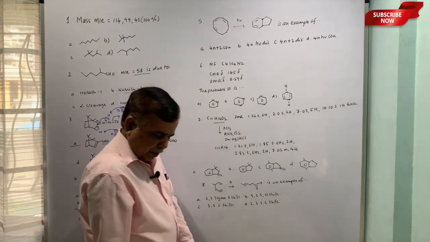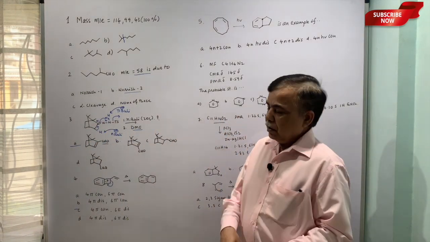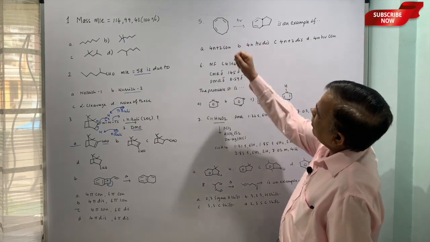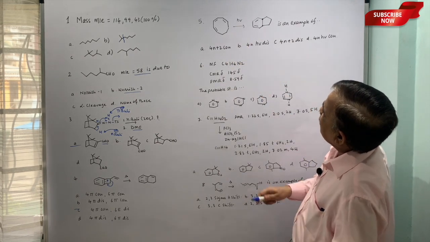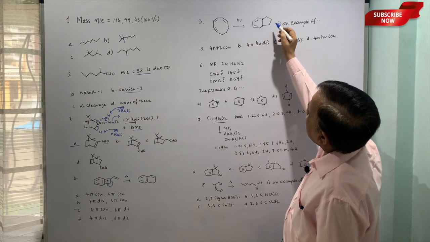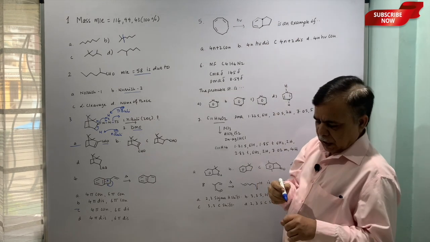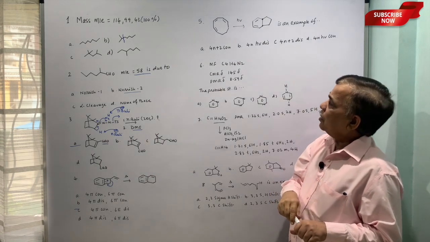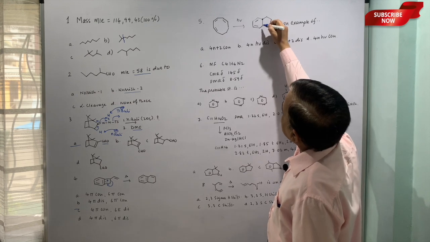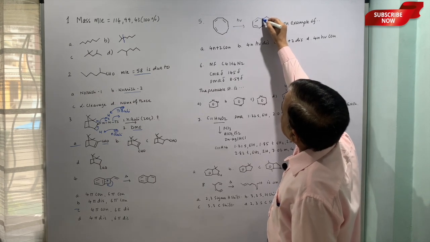Moving on to the fifth example. Now this triene is converted into this bicyclo compound, and the stereochemistry at this center is cis.